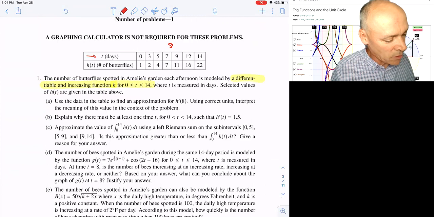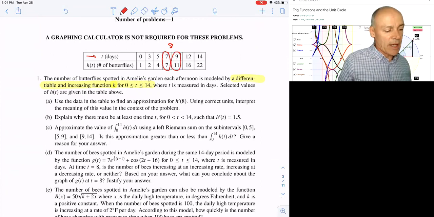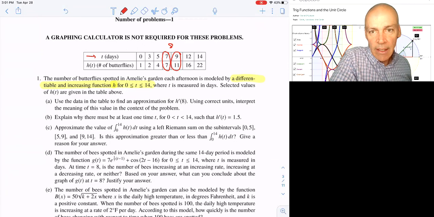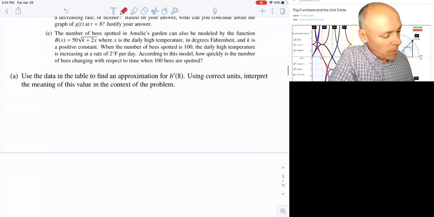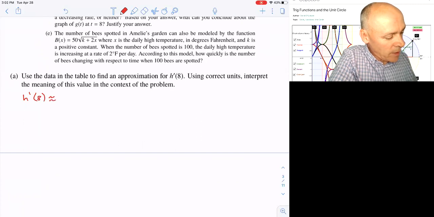So I'm going to use this coordinate pair and this coordinate pair on either side of where the 8 would be. So I'm going to have H of 9 minus H of 7 over 9 minus 7.